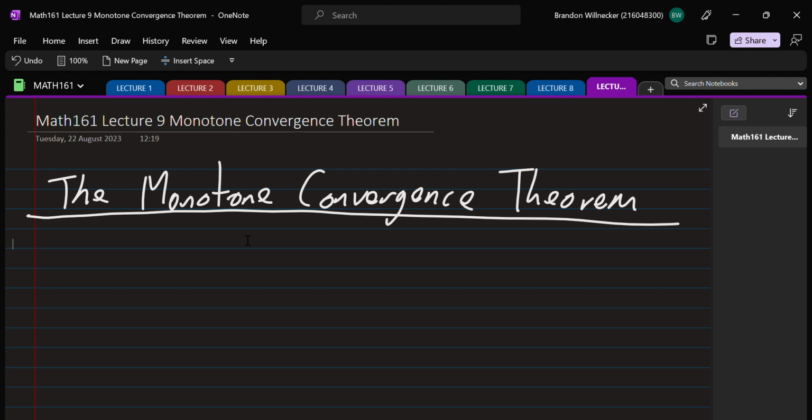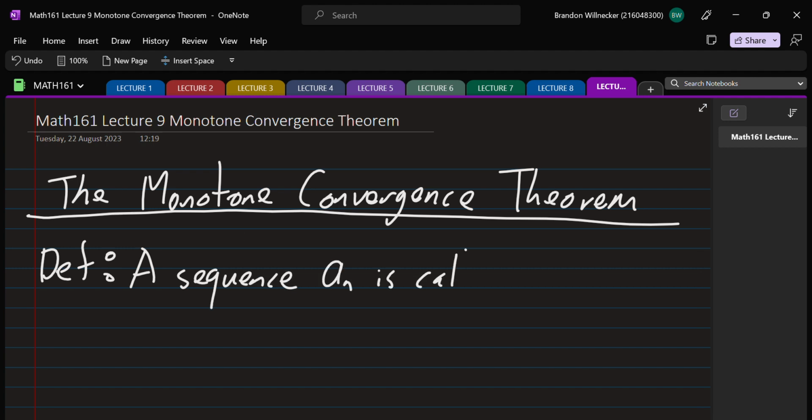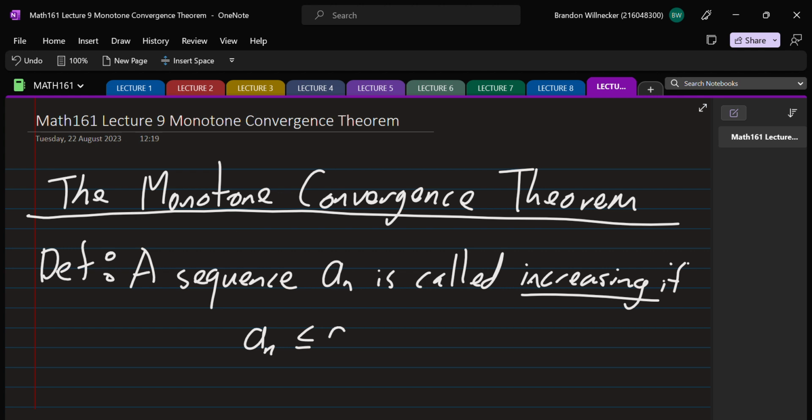A couple of definitions. The first definition is that of an increasing sequence or a decreasing sequence. A sequence a_n is called increasing if a_n is less than or equal to a_(n+1) for all n being natural numbers.